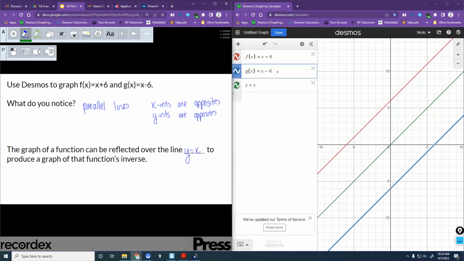Okay, and that line, y equals x, is just this green line that I have here that goes through 0, 0, and it has a slope of 1. It cuts the first quadrant and the third quadrant in half, right? It just cuts our coordinate plane in half diagonally is what it does there.